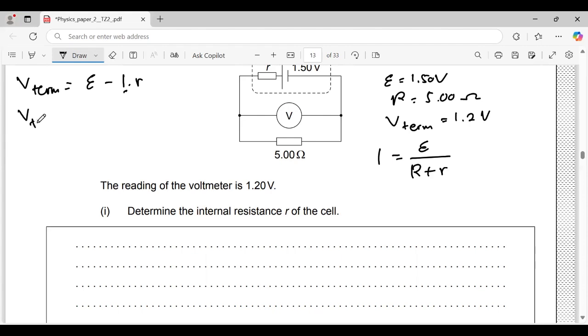So V terminal equals epsilon minus epsilon over R plus r times r, or V terminal equals epsilon minus r over R plus r times epsilon.